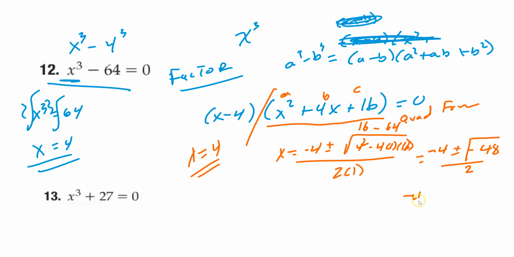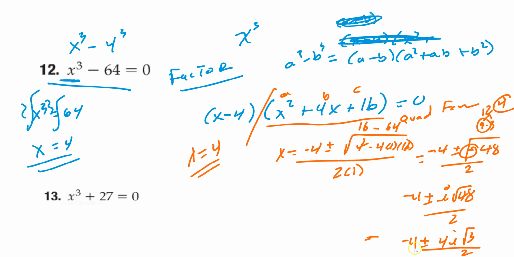Remember there's a negative, so you pull it out and make it an i. Root 48 over 2. I can break down 48. What is that? 12 times 4. And that is 4 times 3. So a pair of 4s. So negative 4 plus or minus 4i root 3, all over 2.